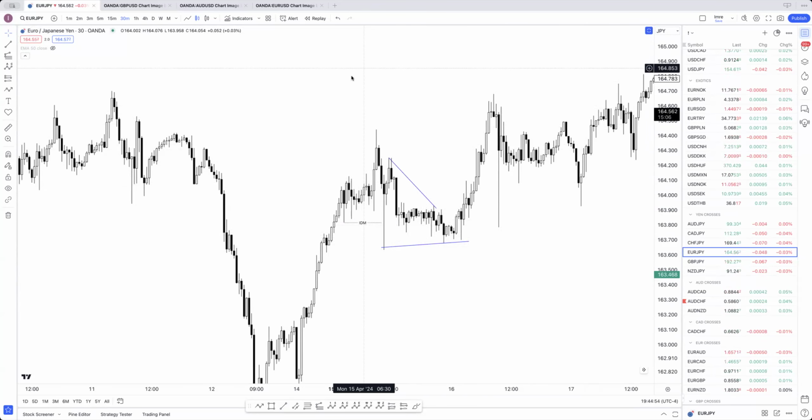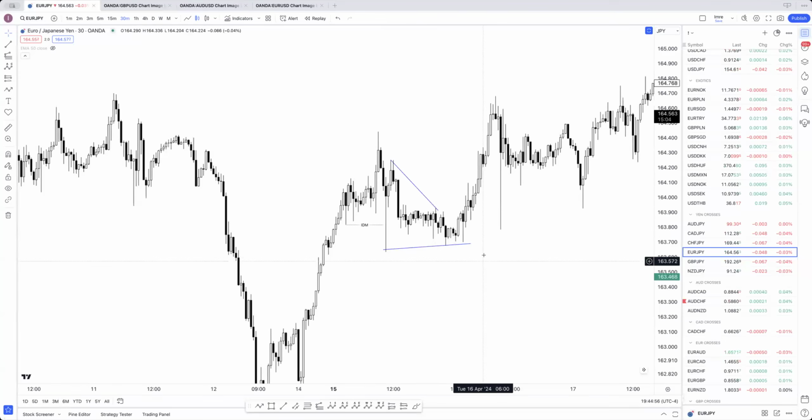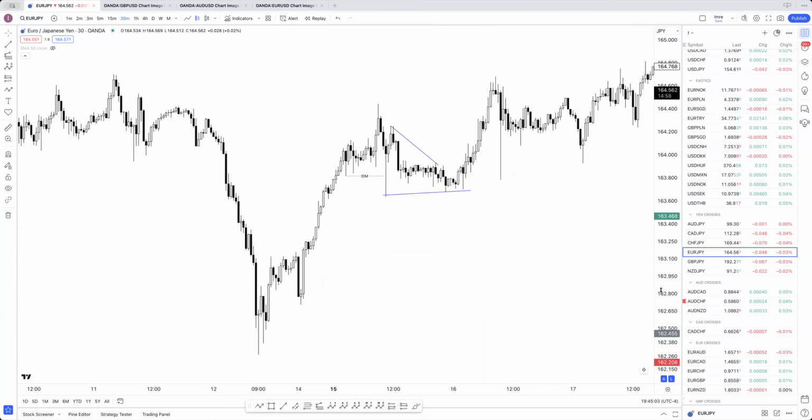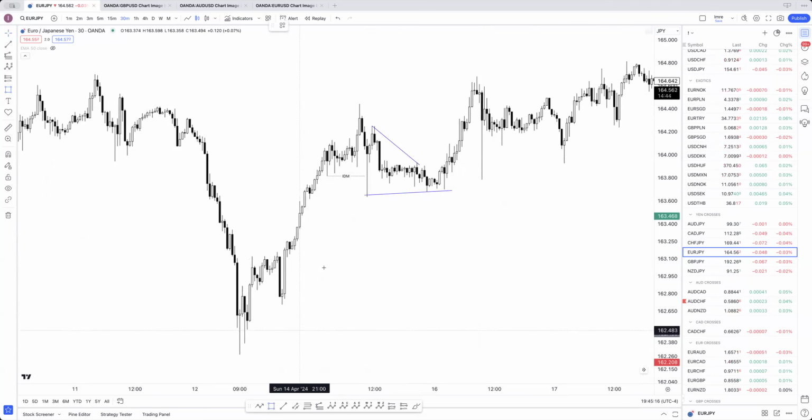Pat, you're asking, are there indicators to reveal institutional order blocks? No, there aren't. What you could do, in a centralized market, right, is look at level 2 data, and that can show you whether or not there are limit orders clustered around certain price levels. For example, if I'm looking at the Qs or ES or YM or something like that, let's just say this is my order block.